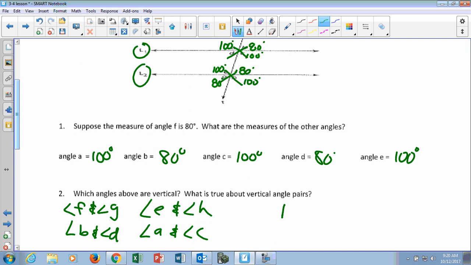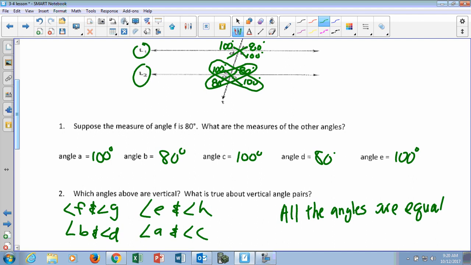So again, F and G, which is right here, have the same angle measure. E and H have the same angle measure. B and D have the same angle measure. A and C have the same angle measure.